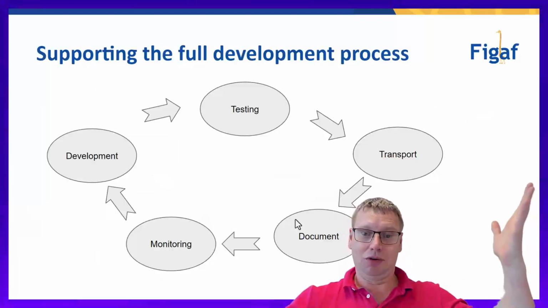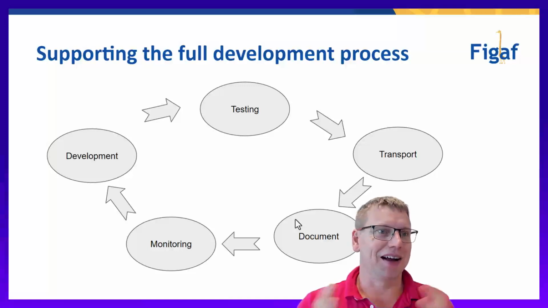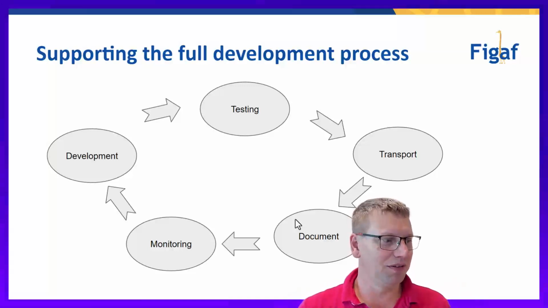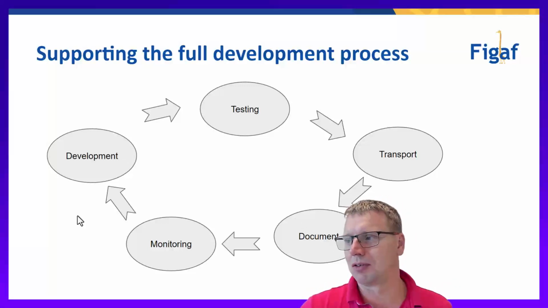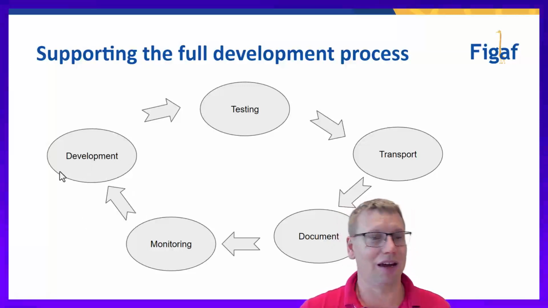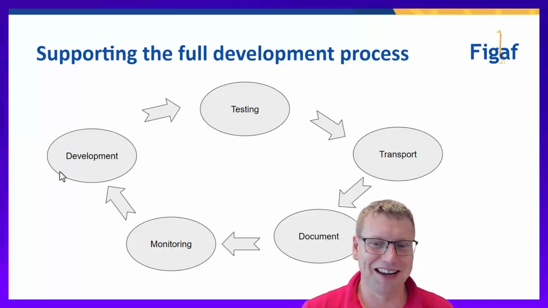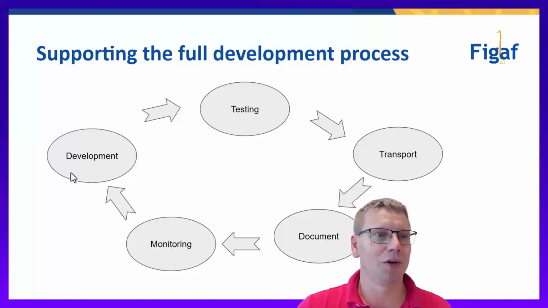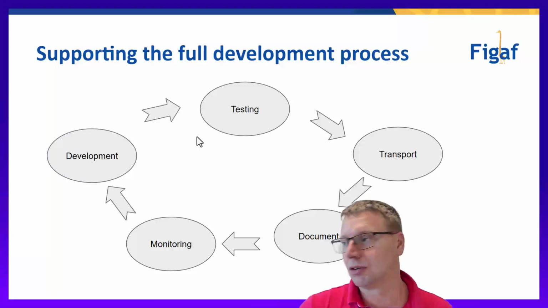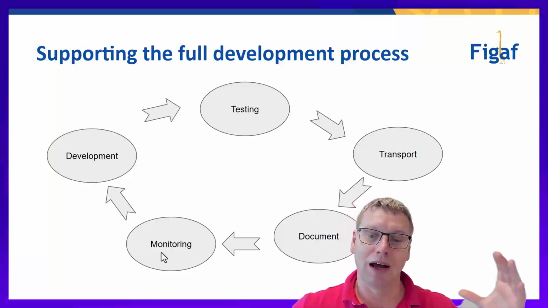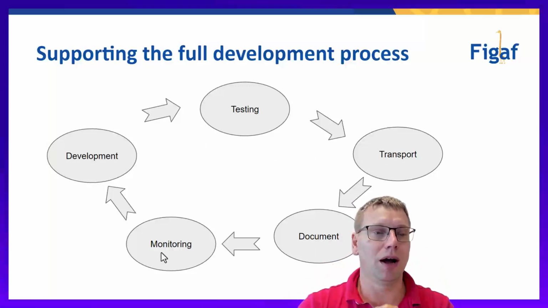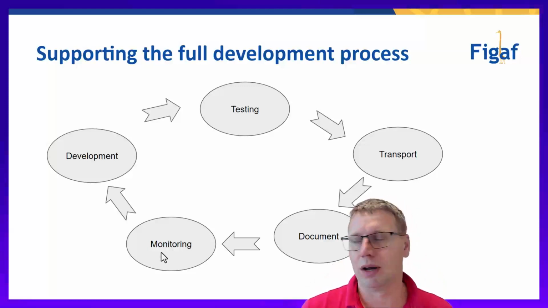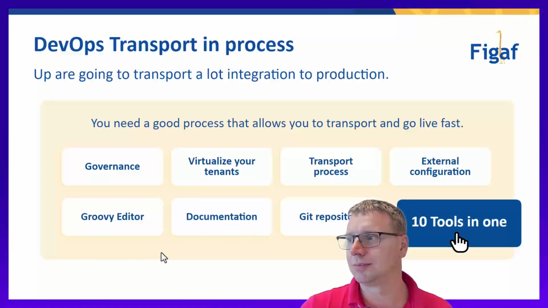What I will show you now is the target, what you can actually achieve with this. This is about supporting the full development lifecycle. I should have made this a figure 8 like you normally have in a DevOps, but this is about giving you a development tool, a testing tool, transport, documentation, and monitoring, all in one UI that just simplifies the way you're dealing with this.